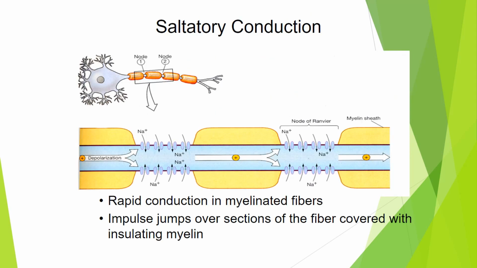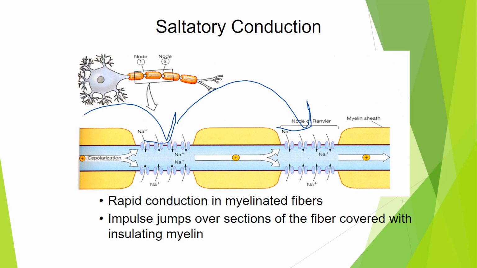Saltatory conduction, on the other hand, is for rapid conduction in myelinated fibers, and these impulses are going to jump at those nodes of Ranvier. And the jumping is due to the high internal resistance and the spread of charges within that membrane.